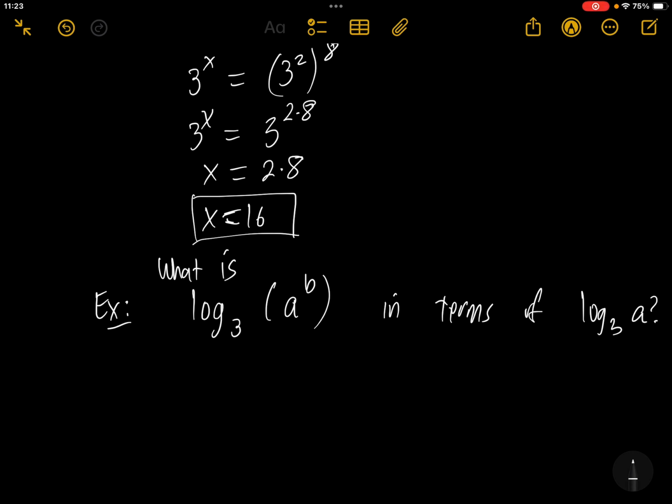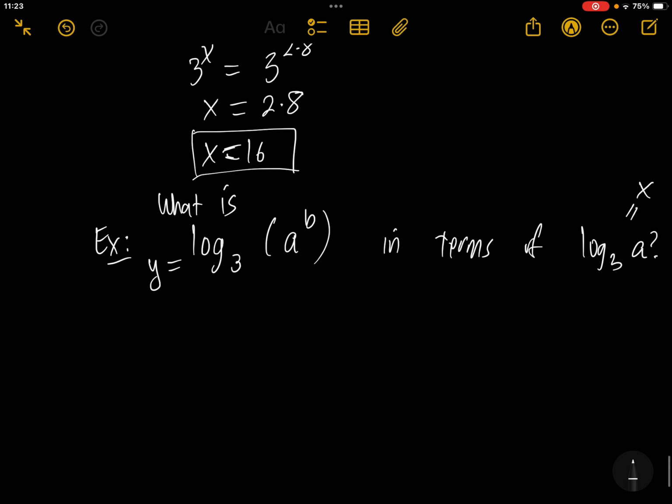Well, let's call log sub 3 of a to the b y, and log sub 3 of a equal to x. So we want to figure out how y is related to x. Or instead of using these letters, we'll just call this z and let's call this w.